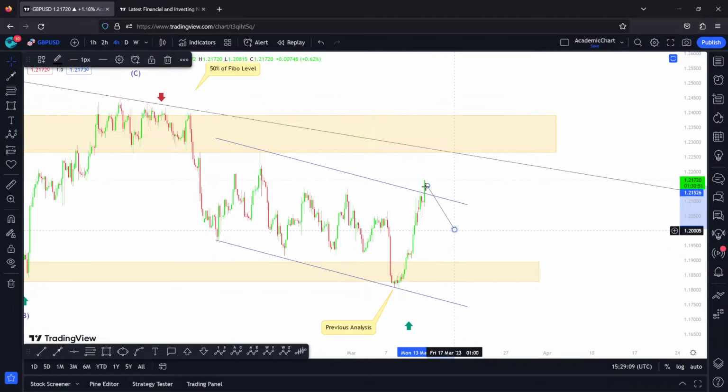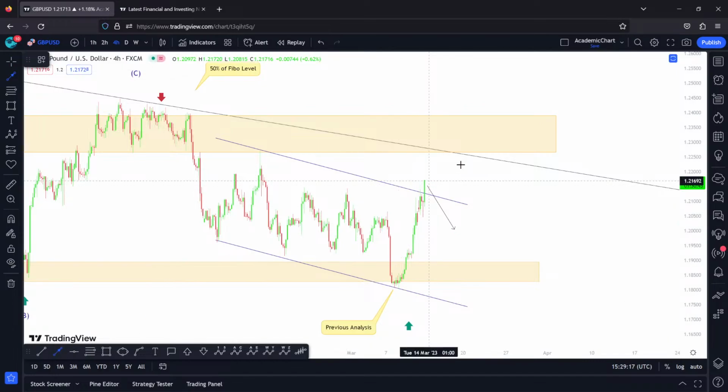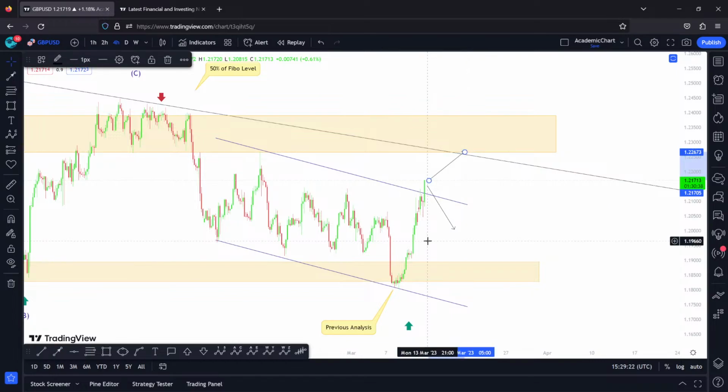That's one scenario. Or it is going to move up, as we saw that the higher highs are slower and slower. We can actually have a continuation to this level as we had in the previous analysis.